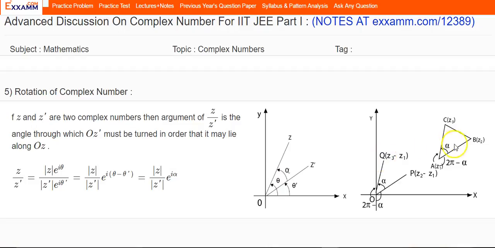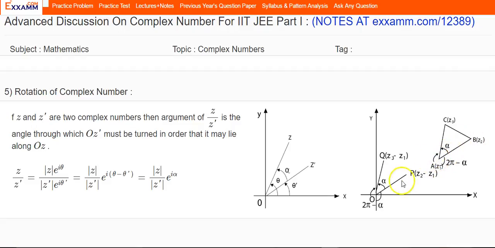Now what if there are 3 points? In this case, the 3 points are z1, z2 and z3, and rather than rotating OZ2, we are rotating z2 z1, this line AB, by an angle alpha, so that it is lying along the AC here. Now we have to find the relationship between Z3, Z2 and Z1.